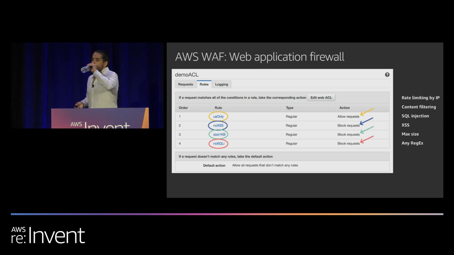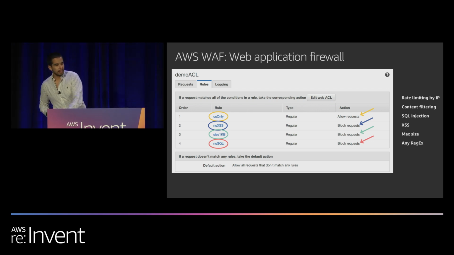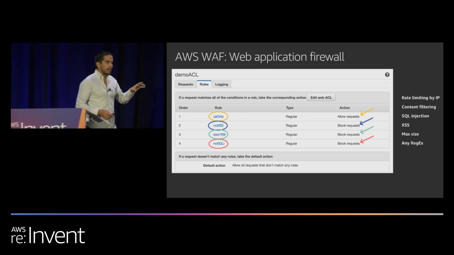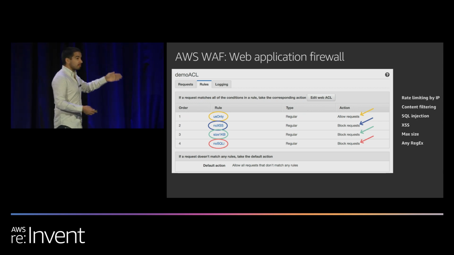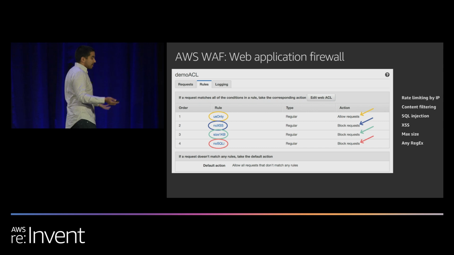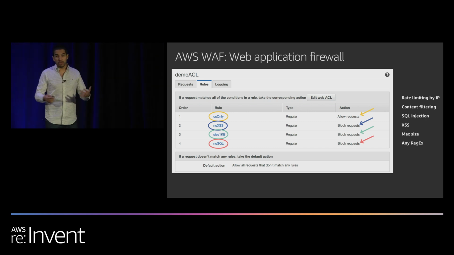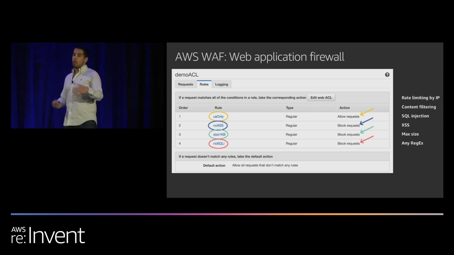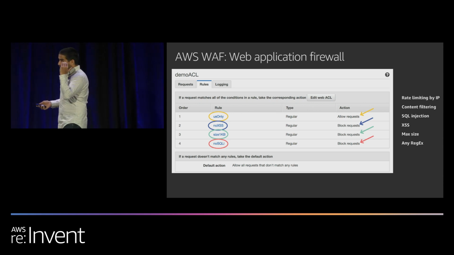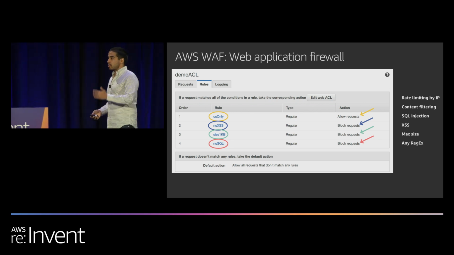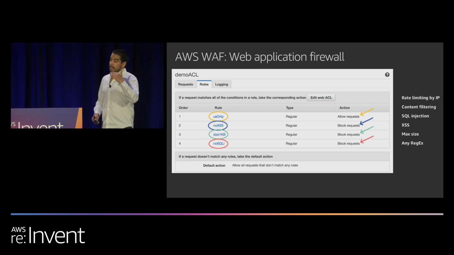Now, there are four examples that I'm showing here of things you can do within AWS WAF. You can filter by region. If your application isn't intending to deal with requests from certain areas of the world, why allow the calls in the first place? That can only be bad. So you can filter that before it hits your application using AWS WAF.